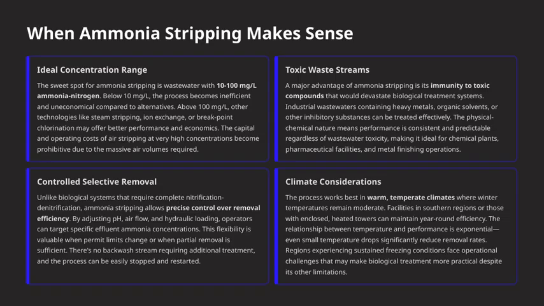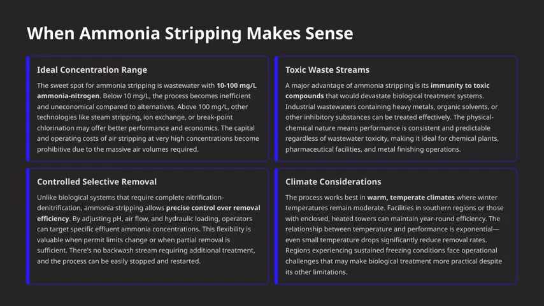Conversely, if levels go above 100 mg/L, other technologies like steam stripping, ion exchange, or breakpoint chlorination might deliver better performance and economic benefits. At very high concentrations, the costs of air stripping escalate because you'd need to move enormous volumes of air, which quickly becomes impractical and expensive.